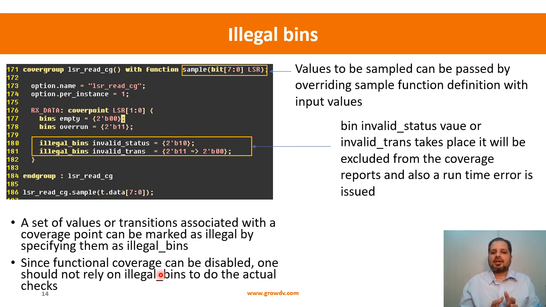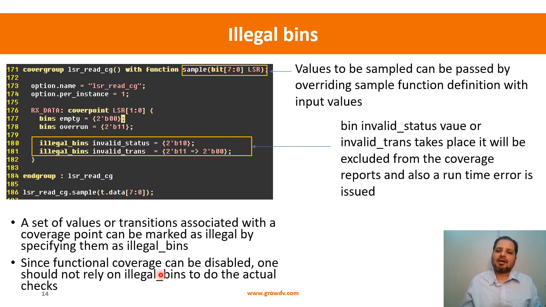One type of regression is where we run only to clean up a certain feature. When you are cleaning up a feature, you are in a mode to catch bugs. You know that if you run a seeded run, many tests are going to fail. So in those cases you don't enable code coverage or functional coverage, because if there are no passing tests, what's the point in functional coverage or code coverage? So when you are targeting your regressions to catch bugs, you don't enable any coverage metric.